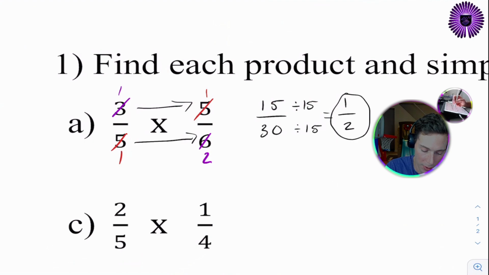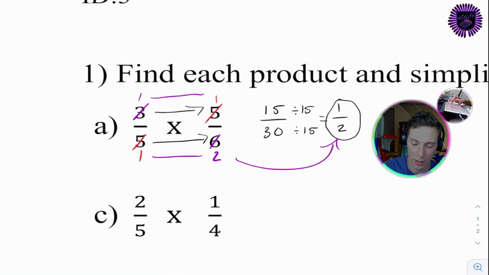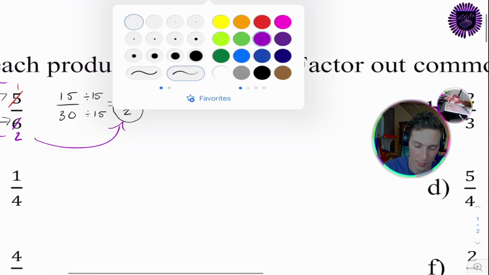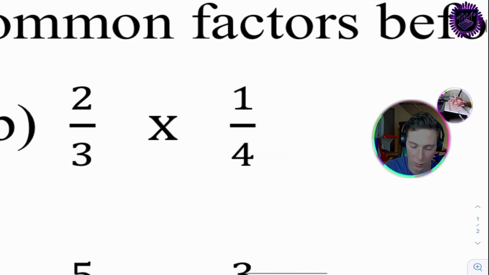And then when you multiply across, 1 and 1 and 1 and 2, it's going to jump straight to your answer of 1/2. So I know it seems like more work because I'm showing all my work, but as a strategy, it starts to become quite a bit more functional as you cut down on what you're showing.